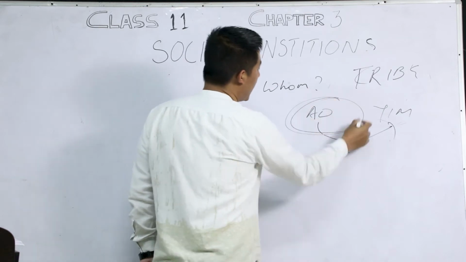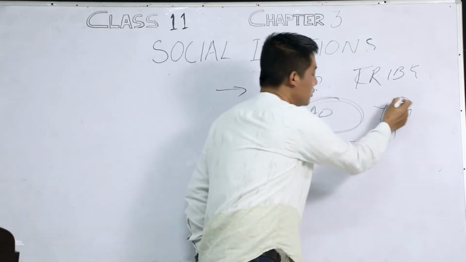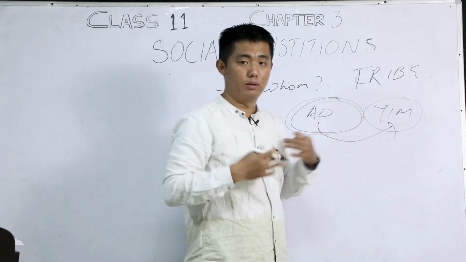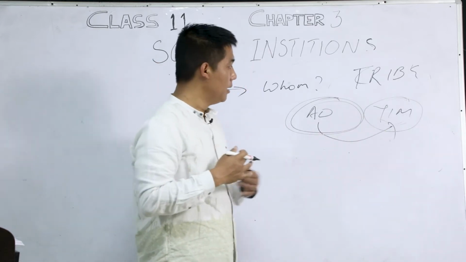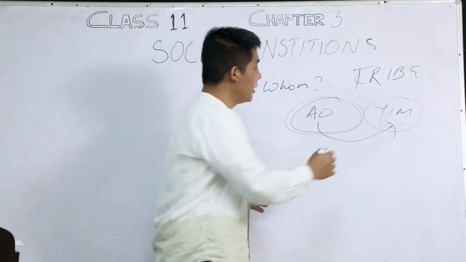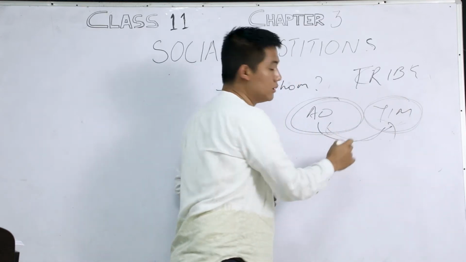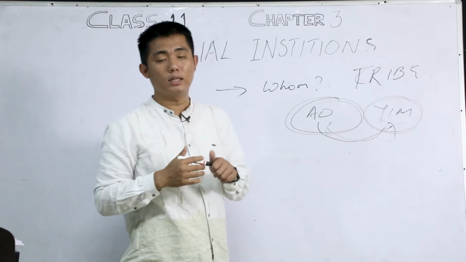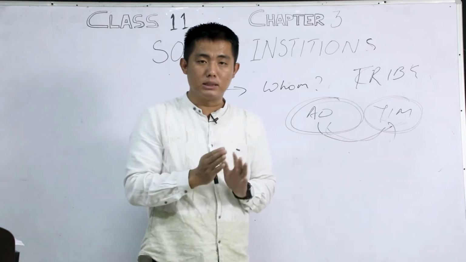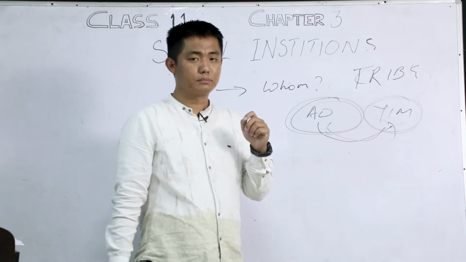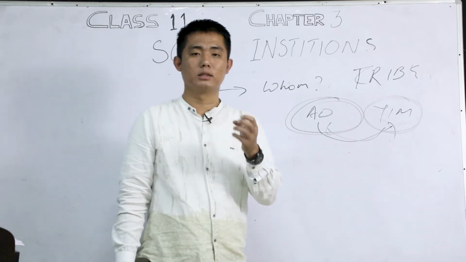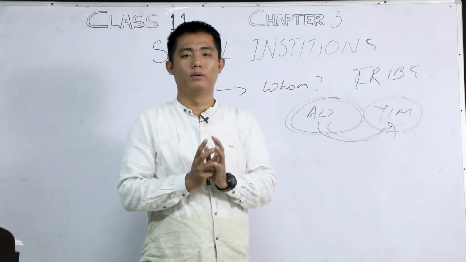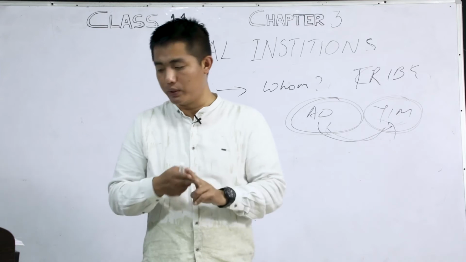If I am a Yimjungmer, I can only marry a person outside the Yimjungmer tribe. I cannot marry a person belonging to my own tribe. Exogamy forbids a person to marry within the group, and endogamy is marriage within the group. That is the basic difference between these two.